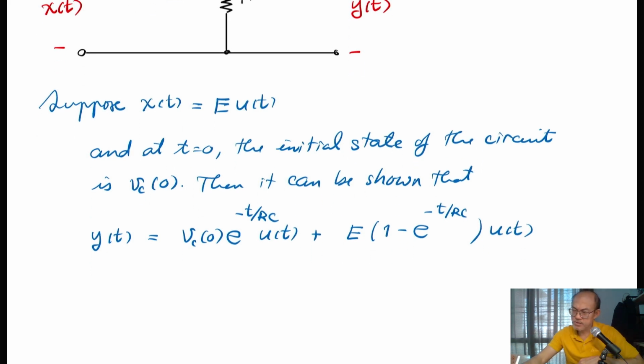Right. So this is called the total output, the complete response.